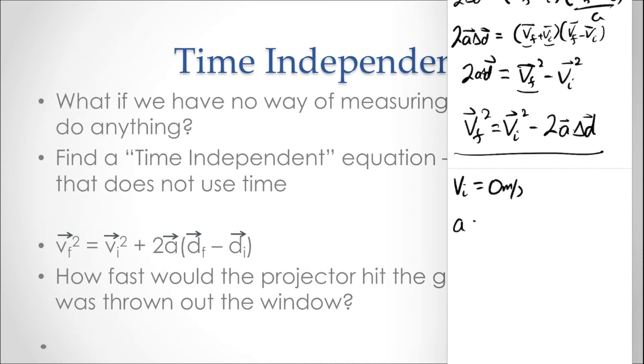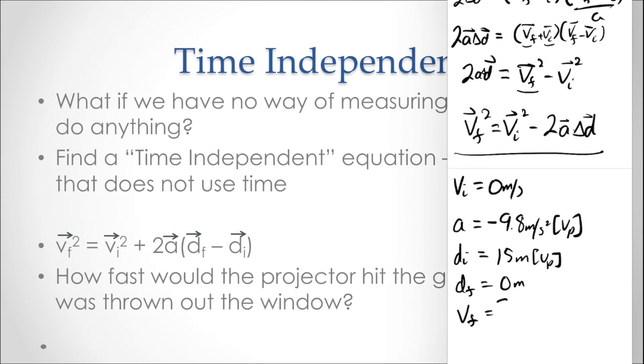Our acceleration, because we are on Earth, will be minus 9.8 meters per second squared up. We also know that because we are starting on the 5th floor, our initial position is 15 meters up, and after we hit the ground, our final position will be 0 meters from the ground. This question wants to know how fast will the object hit the ground, so we are looking for Vf.